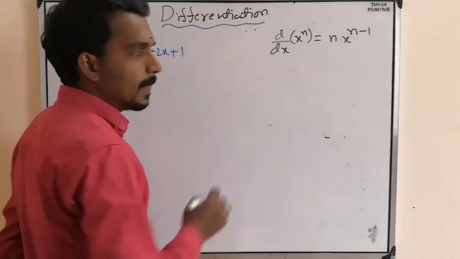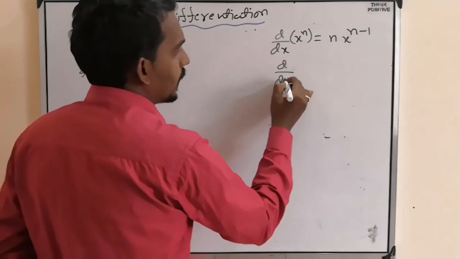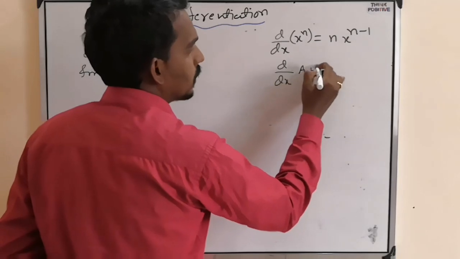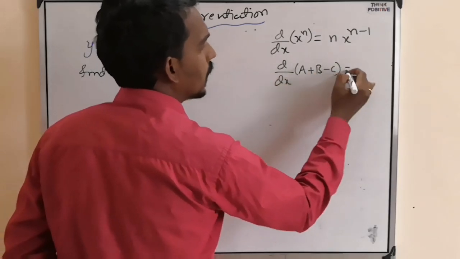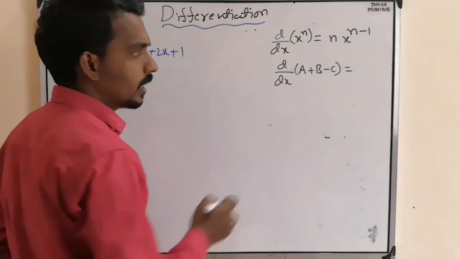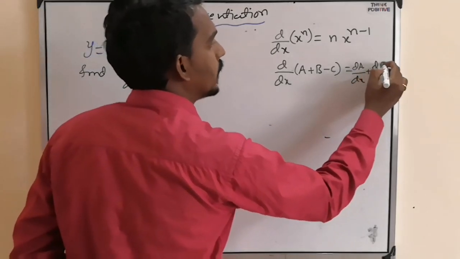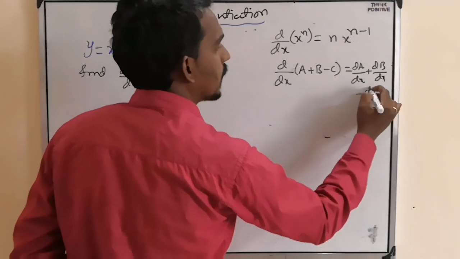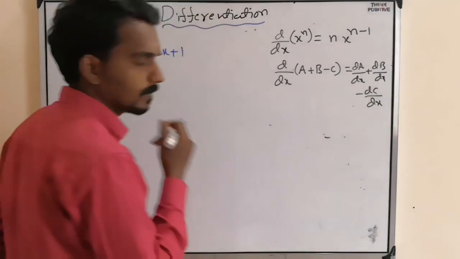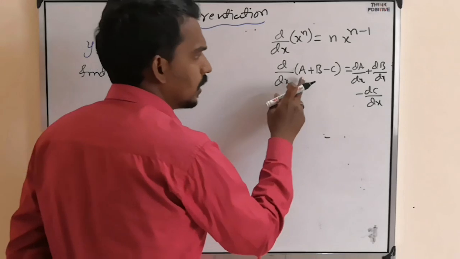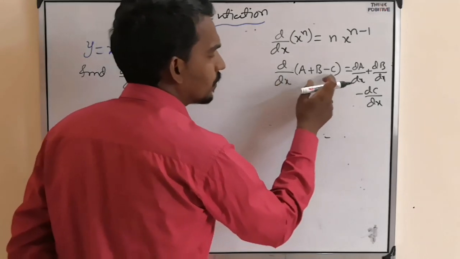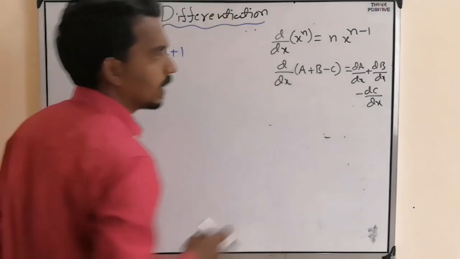First formula. And d by dx of a plus b minus c, if multiple terms are there, then dA by dx plus dB by dx minus dC by dx. That means you have to write differentiation for each term separately.